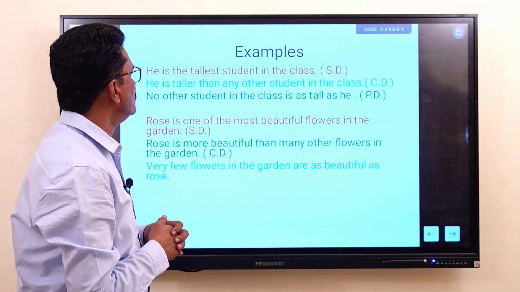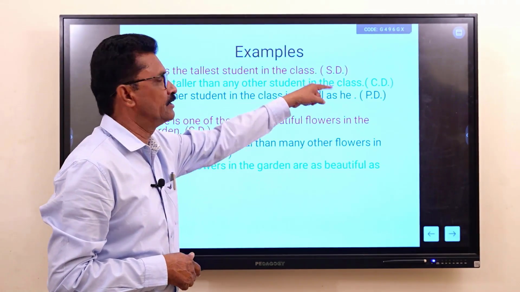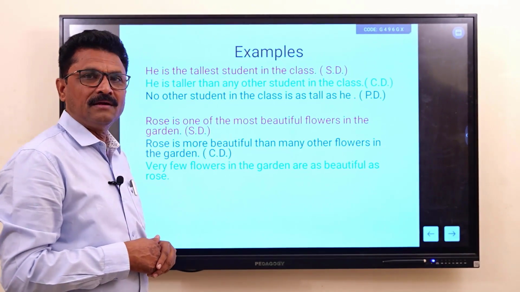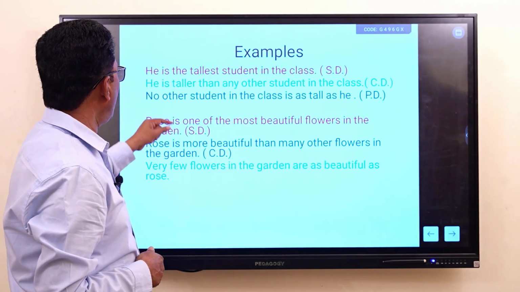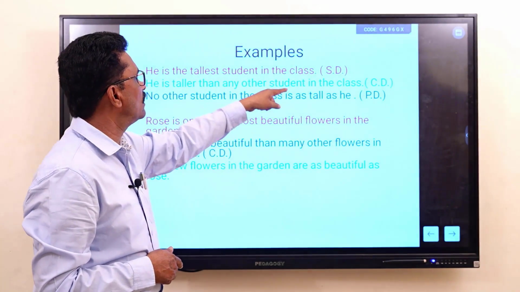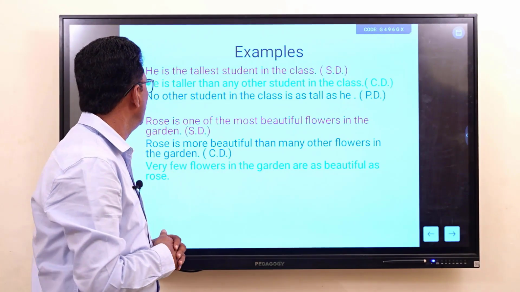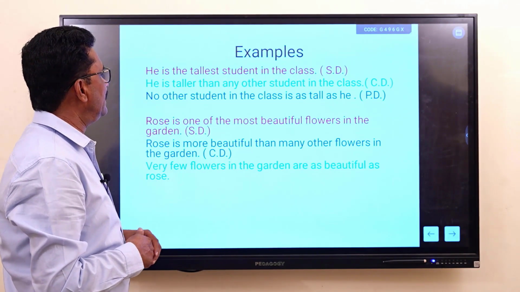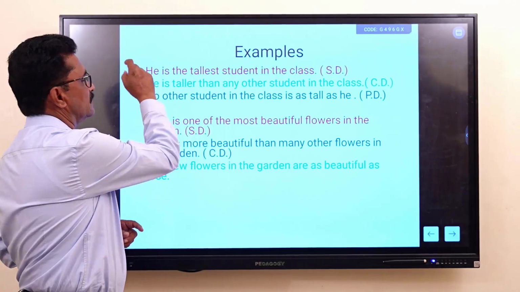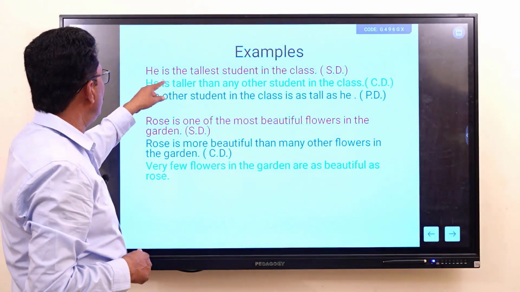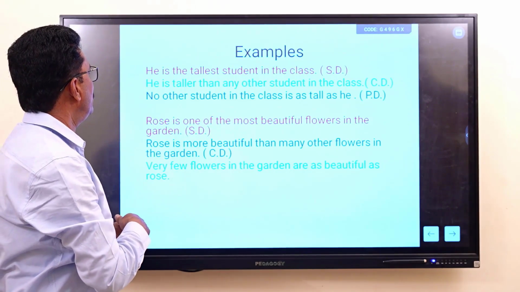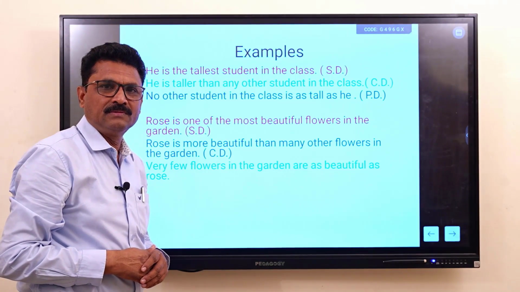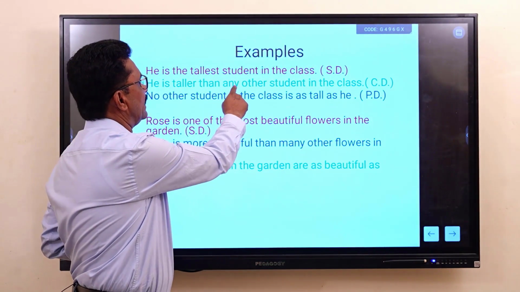He is the tallest student in the class. That is a superlative degree. How can we identify this superlative degree? So the st participle is here. So we have converted this superlative degree into comparative degree. We have started the comparative degree with the same subject and same verb as given here, and we have added the er participle for the adjective in a comparative degree, and then we have used than any other.